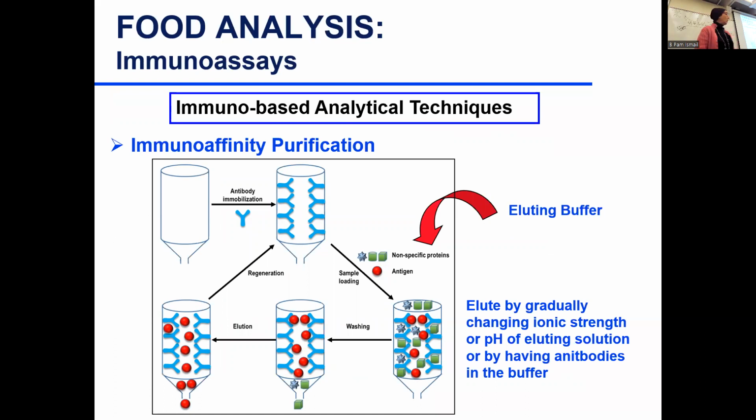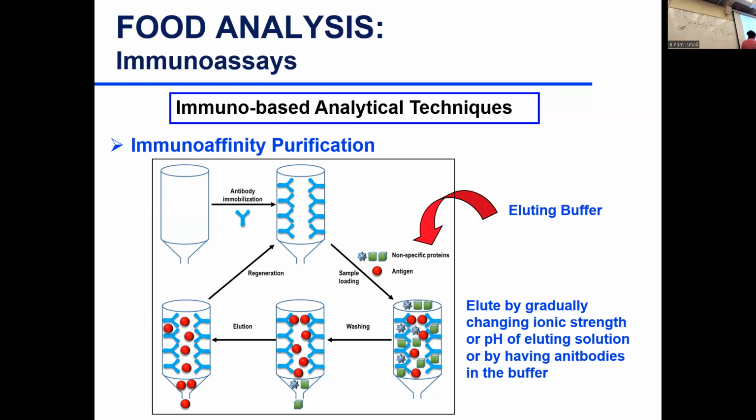Okay, very quickly, it's the chromatography. We covered chromatography. So when I am purifying a particular antigen, sometimes I'm purifying antibodies as well. Then I will have the stationary phase with the functional group being an antibody. Your whole sample is going to go through. You have very specific binding to the antigen of interest.